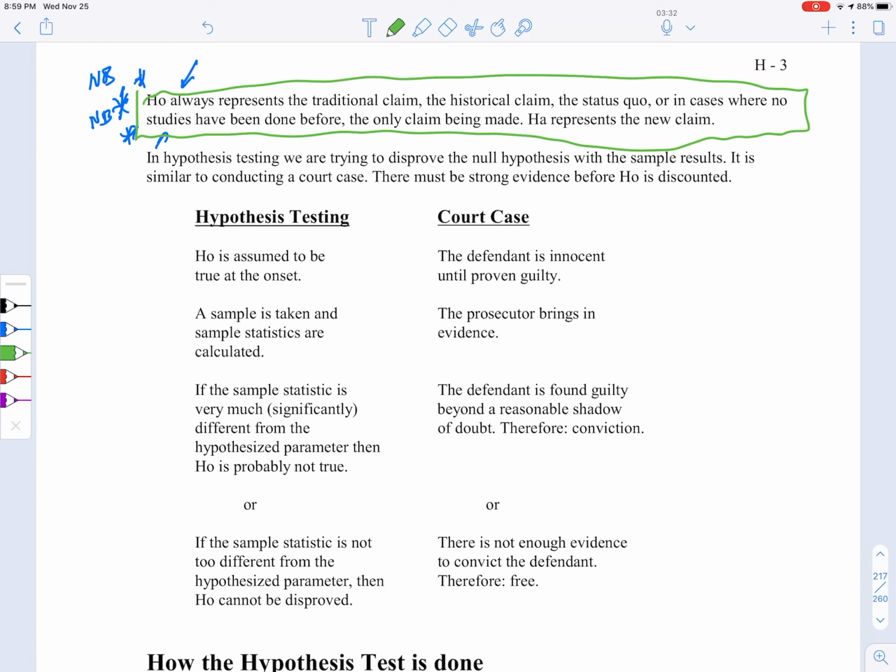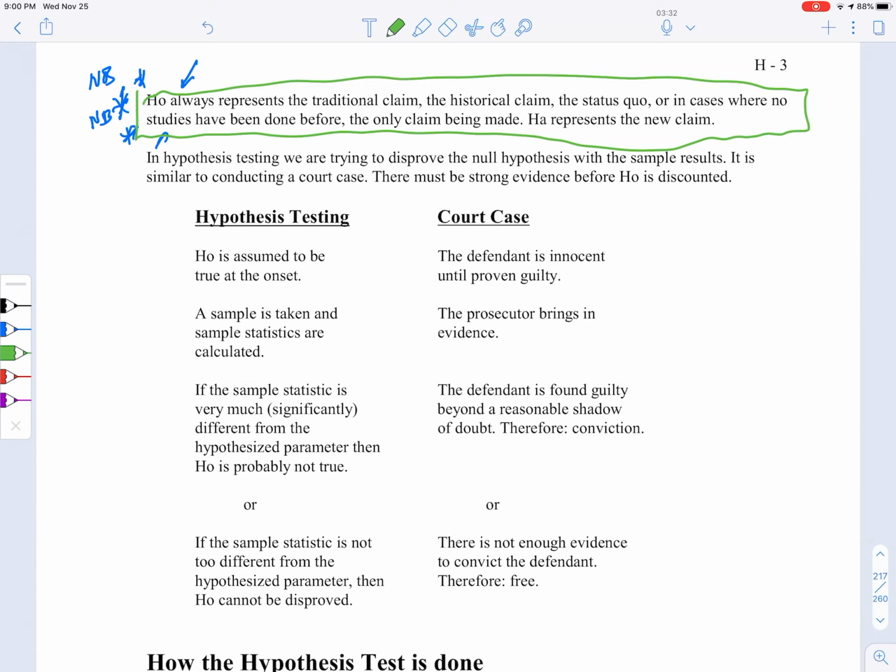The H0 always represents the traditional claim, the historical claim, the status quo, or in cases where no studies have been done before, the only claim being made. HA represents the new claim. So we'll see that a little bit later in some examples, but I want you to remember that statement and we'll keep coming back to that.